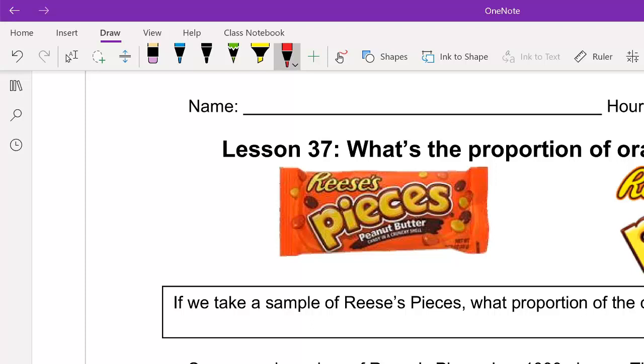N is fixed at 50 candies. And S, which is probability of success, remains constant at 0.4.